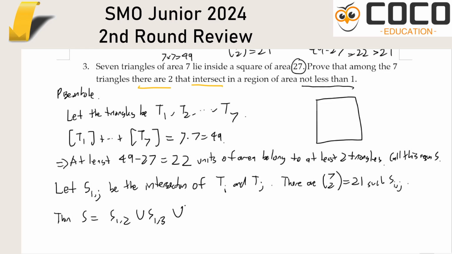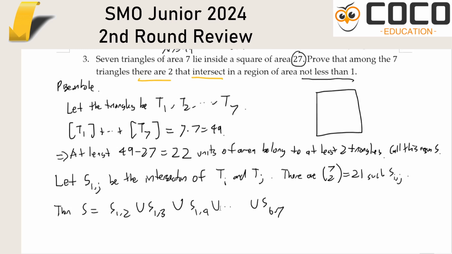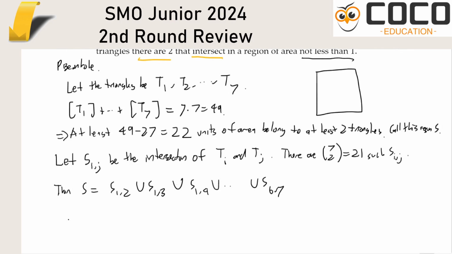Now, union as in the intersections can intersect, but it is true that it comprises all of these. And so the area of S is less than or equal to the sum of all of these.